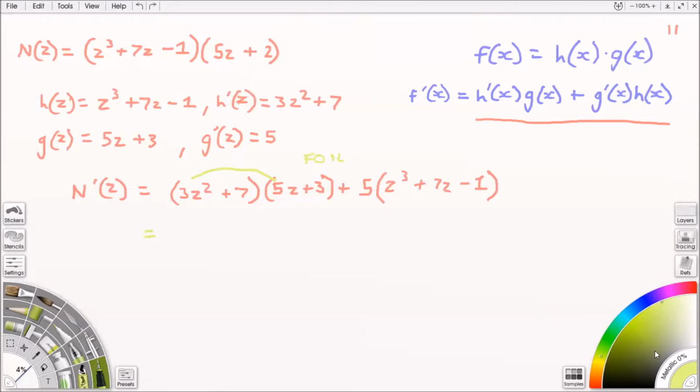I'm not sure if yellow is the best color. Let's make it more metallic. Go a bit more orange, and that should stand out. 15 z cubed, I think, actually, that will give us.